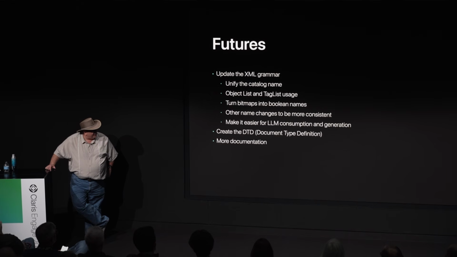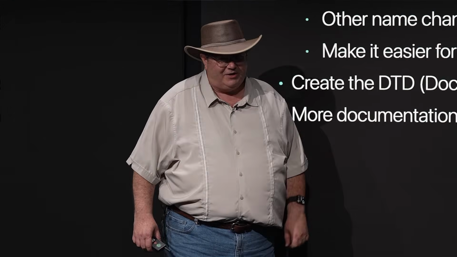So what we currently have is what we're calling XML2, which we're going to probably keep this way. We're trying to do minor patches so we don't break too many people, but there may be an XML3 coming up in the future as we decide how much we actually have to change for the LLM work and to just do general cleanup. And the other thing we've been requested for is a document type definition for the XML.